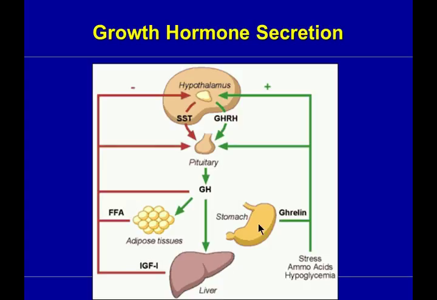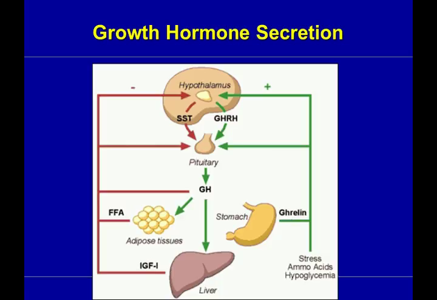In addition, another peripheral hormone called ghrelin, G-H-R-E-L-I-N, is secreted from the stomach, and it goes up and also stimulates pituitary secretion. Now, this is a very interesting hormone in that, look at the name of it, GH-relin. It was named as a growth hormone releasing hormone.